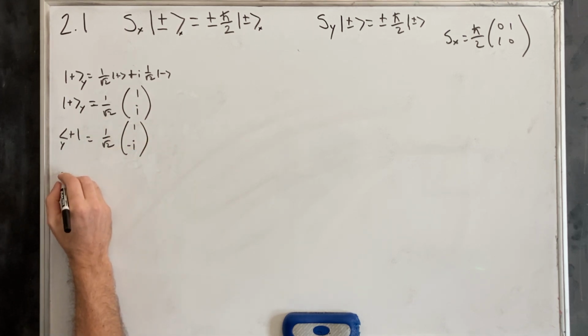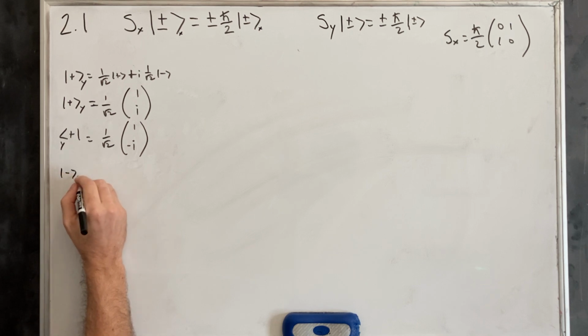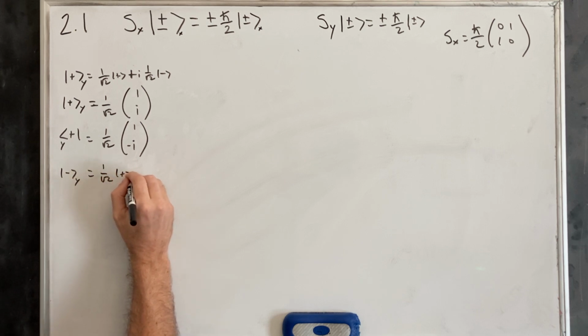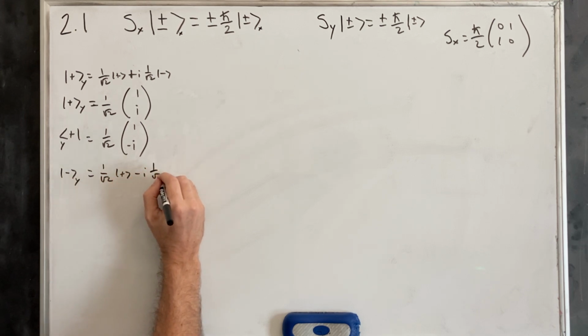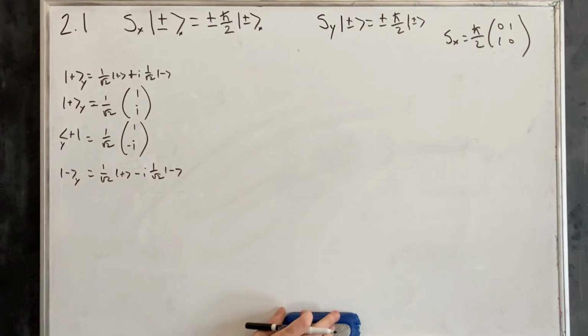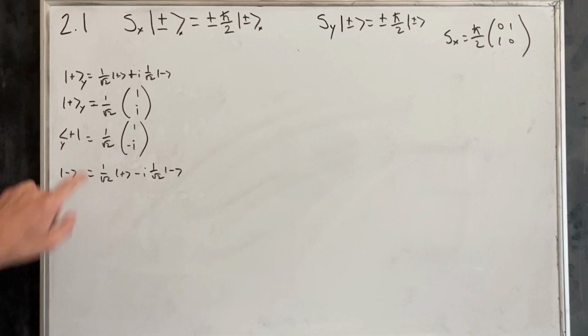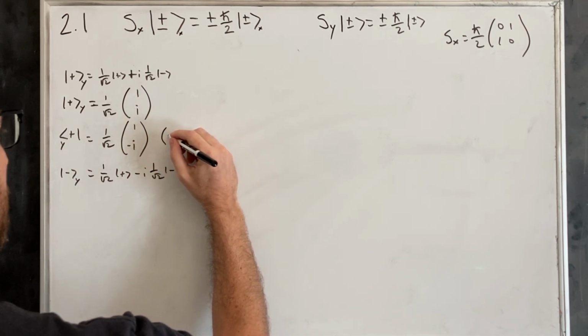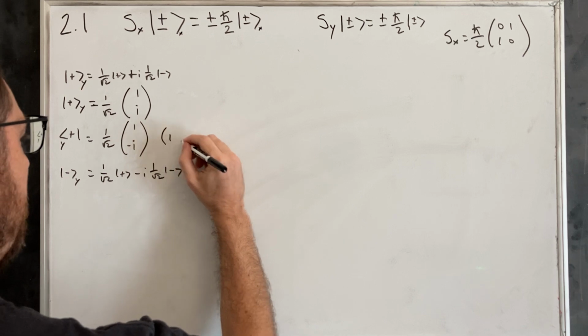And then the minus y is 1 over root 2 up minus i, 1 over root 2 down. And the bra, remember, is going to be a row matrix, not a column matrix.